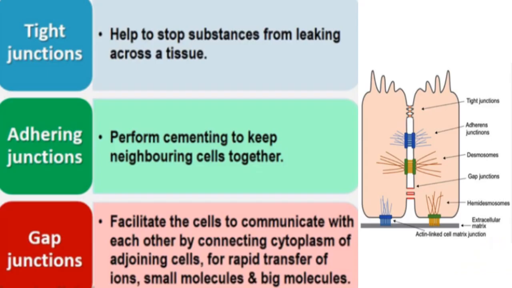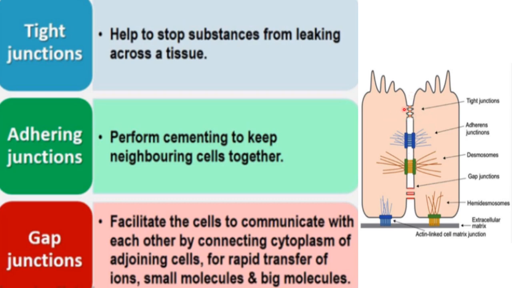Now let's see what are the functions of these different types of junctions between adjacent cells. So first of all, we have tight junctions. These tight junctions you can see here. These are two adjacent cells and these are different types of junctions found in these adjacent cells.